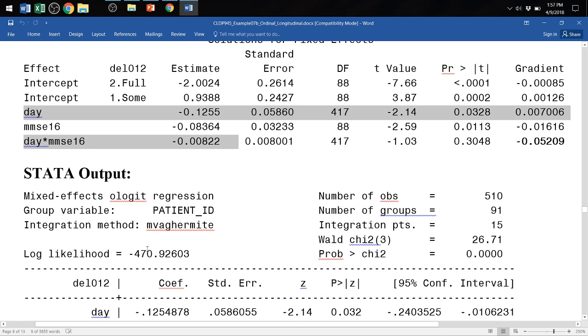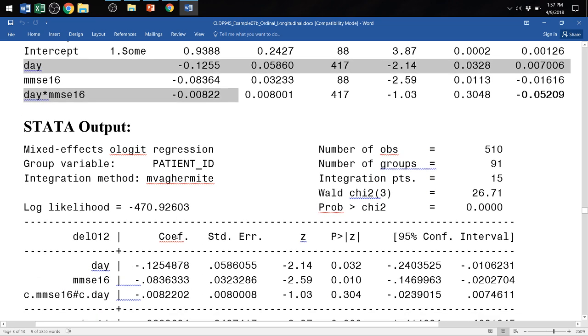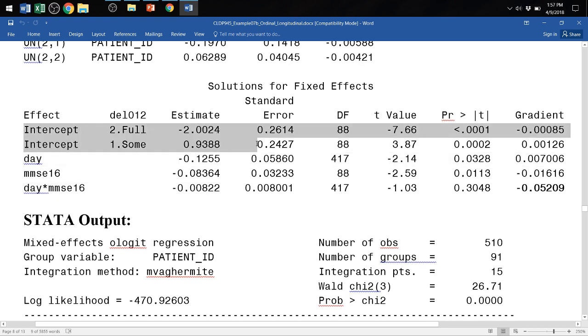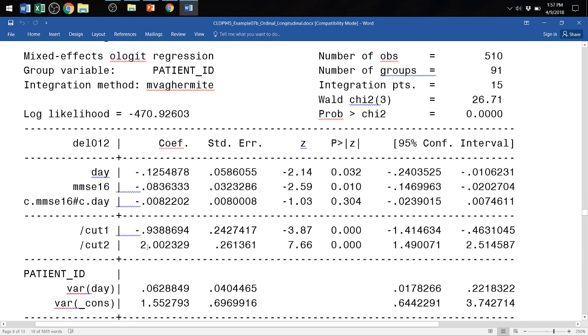And I included this data output for this particular model to highlight something for those of you who want to fit these models in Stata. Note my two intercepts. In SAS, I have coded these so that they are predicting the logit of the higher category. The ones that you get out of Stata are backwards.